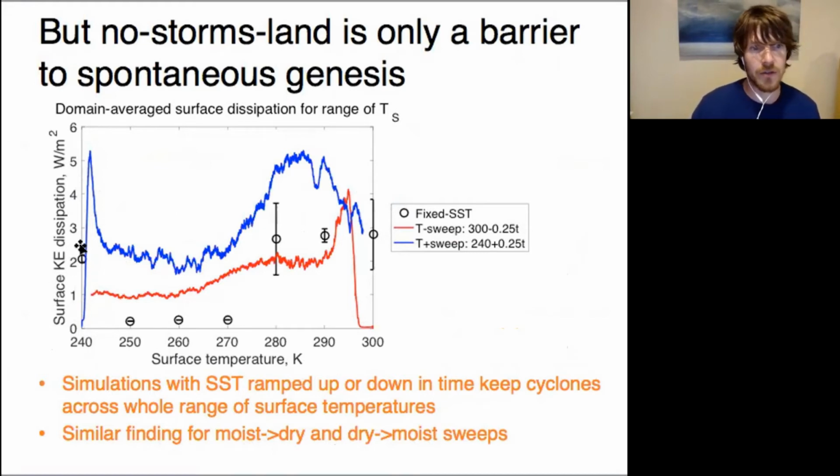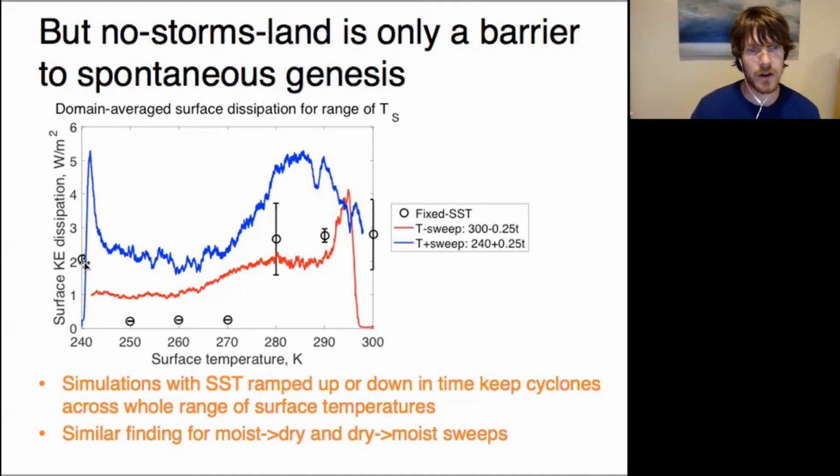If we start from a world that has cyclones, they stick around through this no storms land parameter space, in our configuration 250 to 270 Kelvin.